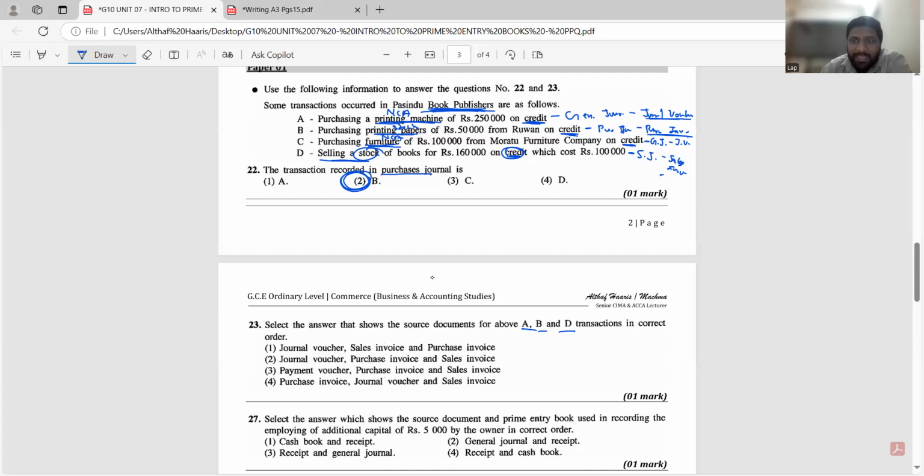D, sales invoice. Journal voucher, purchase invoice, sales invoice is there in the second option. It's there in the second option.